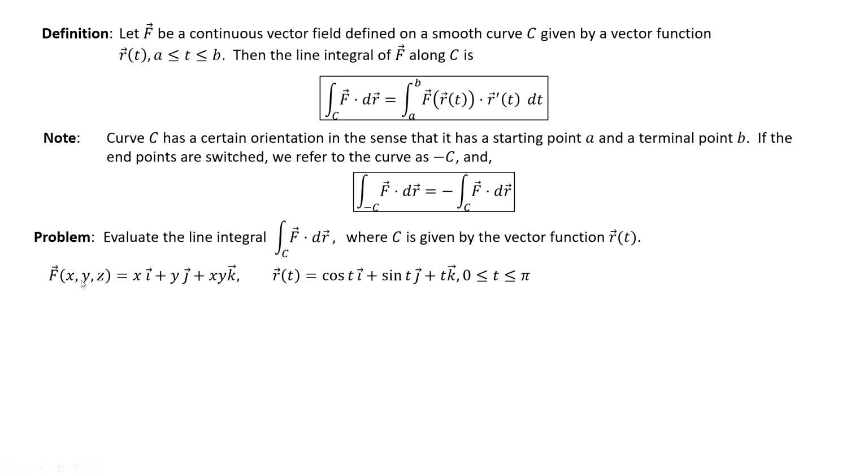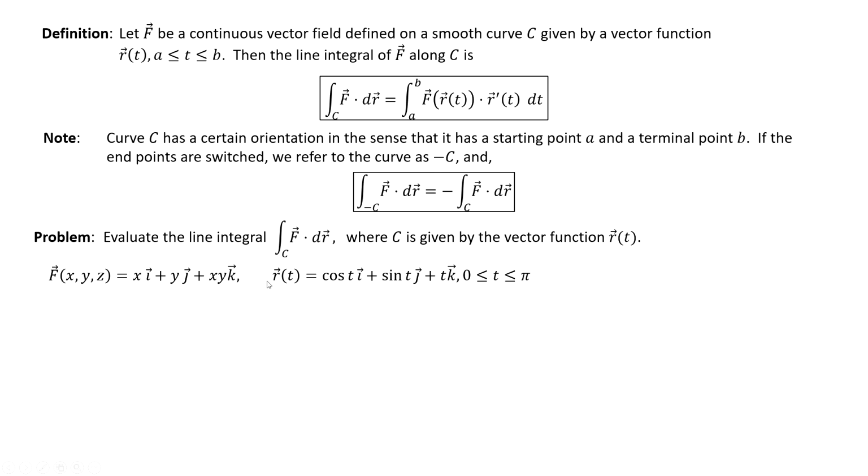F as a function of x, y, z is xi plus yj plus xyk. What do we mean by F of R of t if R of t happens to be this? Well, here is the idea.